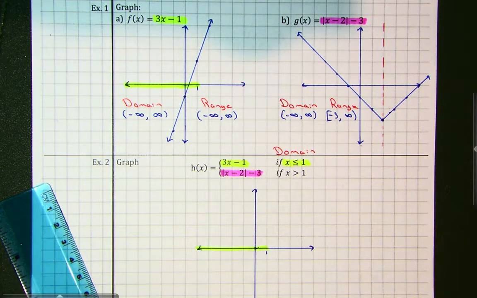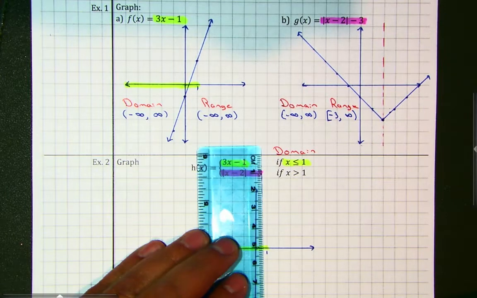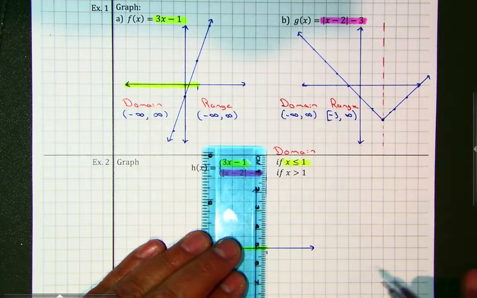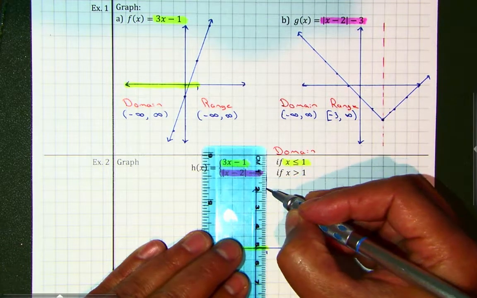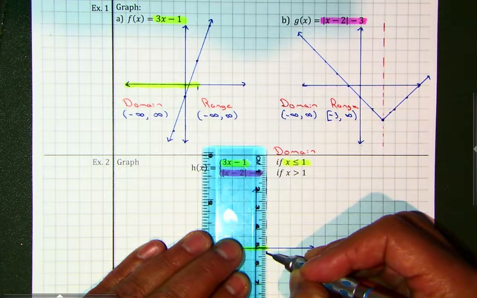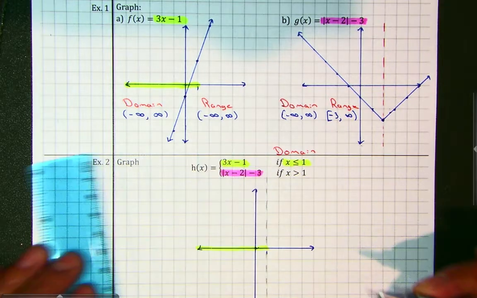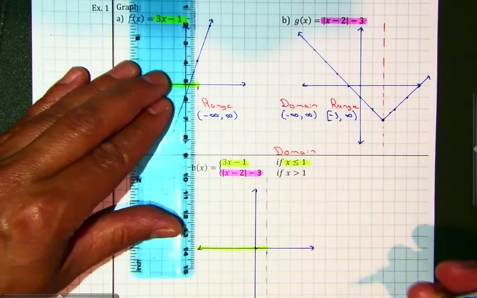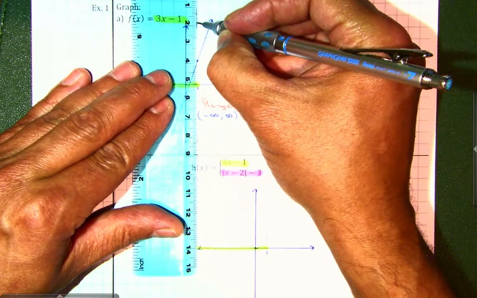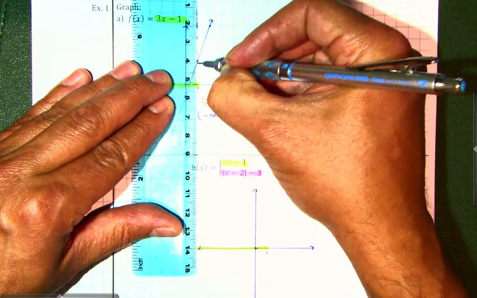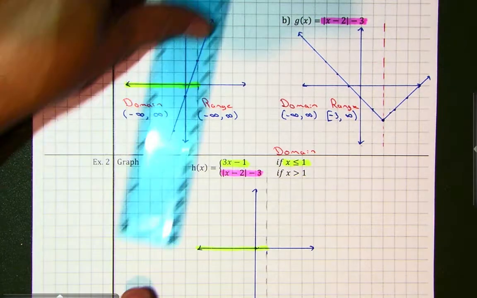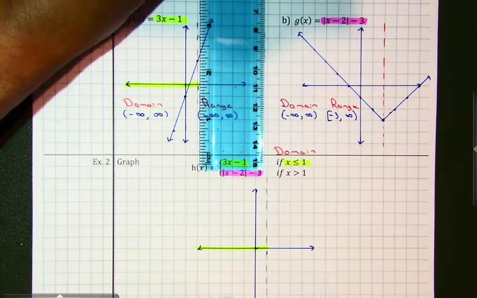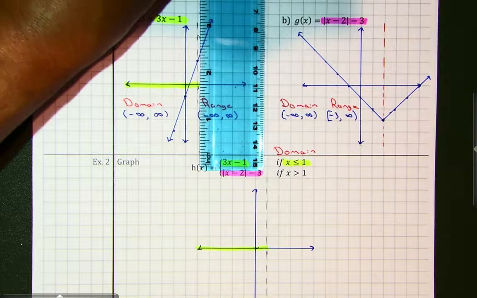So it might be useful, just like you guys did last year, I'm going to place a dash line with a pencil. And I'm going to do the same thing here. And I'm going to copy this part of the graph, the one that will be copied down here. So let's do that first.